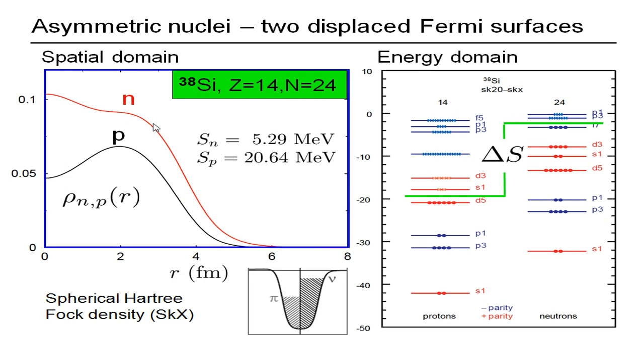Experimentally, the separation energy of a neutron from this system is 5 MeV, because there are lots of neutrons and they fill up near the Fermi surface. The separation energy of a proton from this system is 20 MeV. Okay? So the protons are very well bound. And these are experimental numbers, and this is what the Hartree-Fock calculation gives here.